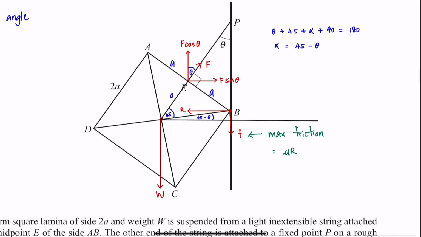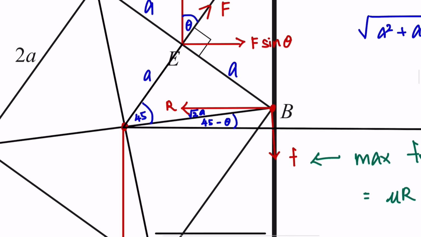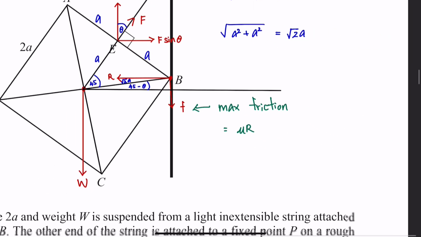So a squared plus a squared, square rooted, we get root 2a, right? So this length over here is root 2a. And we can see that this is also a right angle triangle, so we can use SOHCAHTOA.